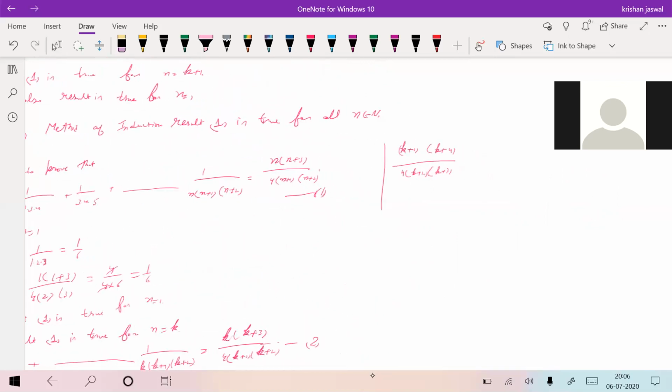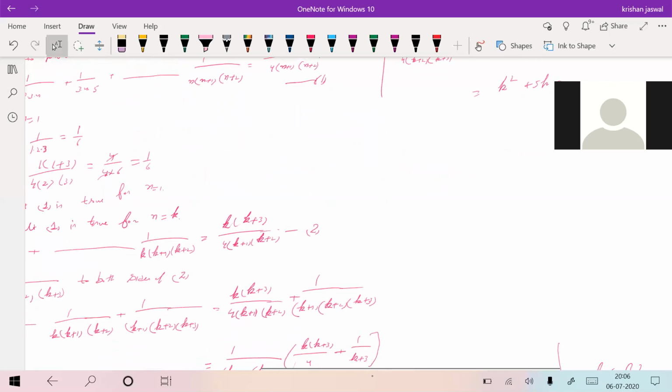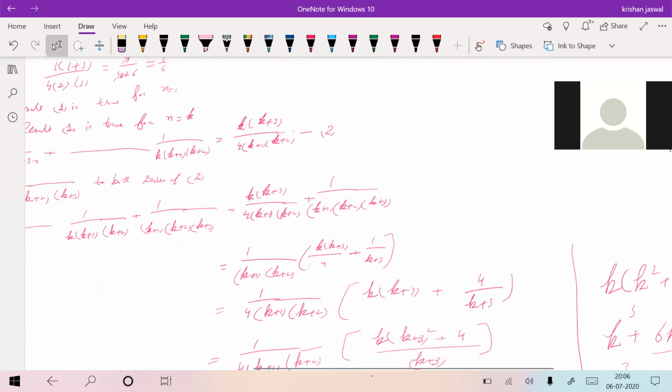This should be k into k square plus 4k, k into k plus 4, k square plus 5k plus 1. It does not match the result. We made a mistake in some step.